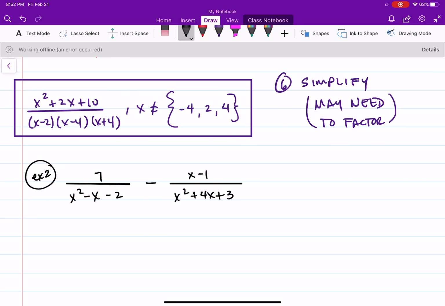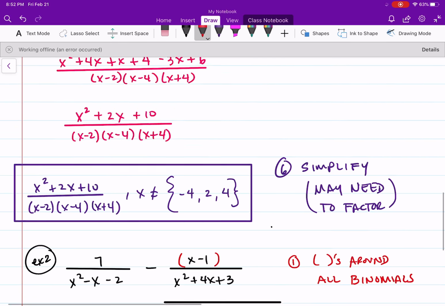Okie dokie. So, what's step 1? Step 1 was parentheses around all binomials.